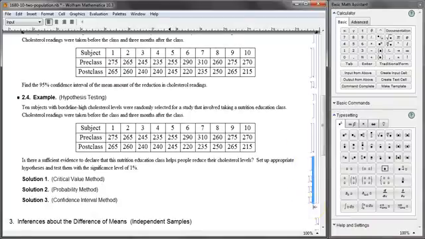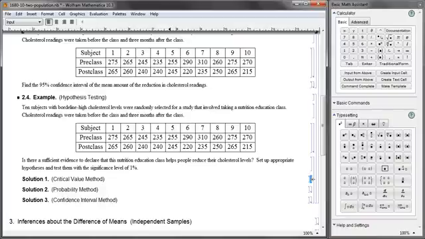We have to set up the hypotheses first. The null hypothesis in this case is typically 0, no difference. In some cases, the problem may explicitly ask you the difference is bigger than 25 or something like that.